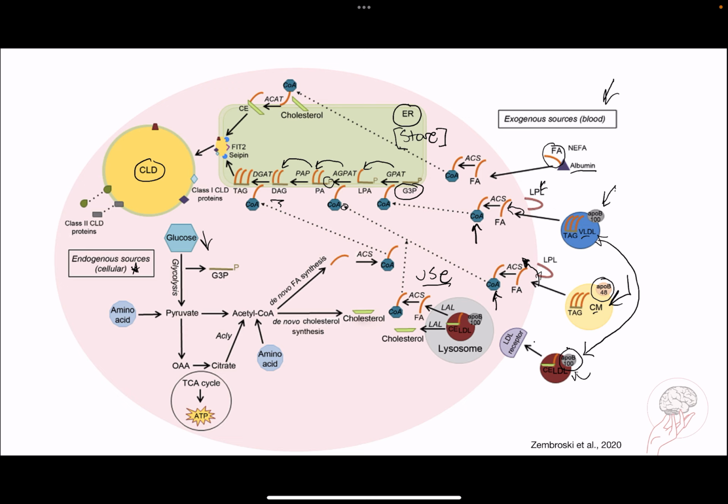And then we're going to take our final third fatty acid and build a triacylglycerol. And then we're going to store that triacylglycerol in our cytoplasmic lipid droplet. That's the store pathway. The store pathway is going to be higher if insulin is high.